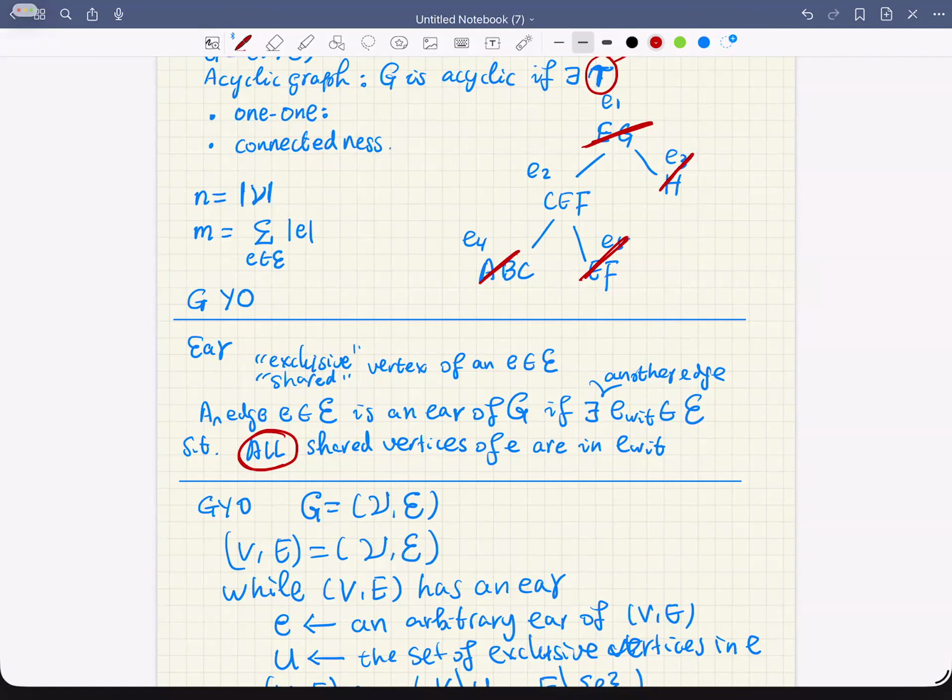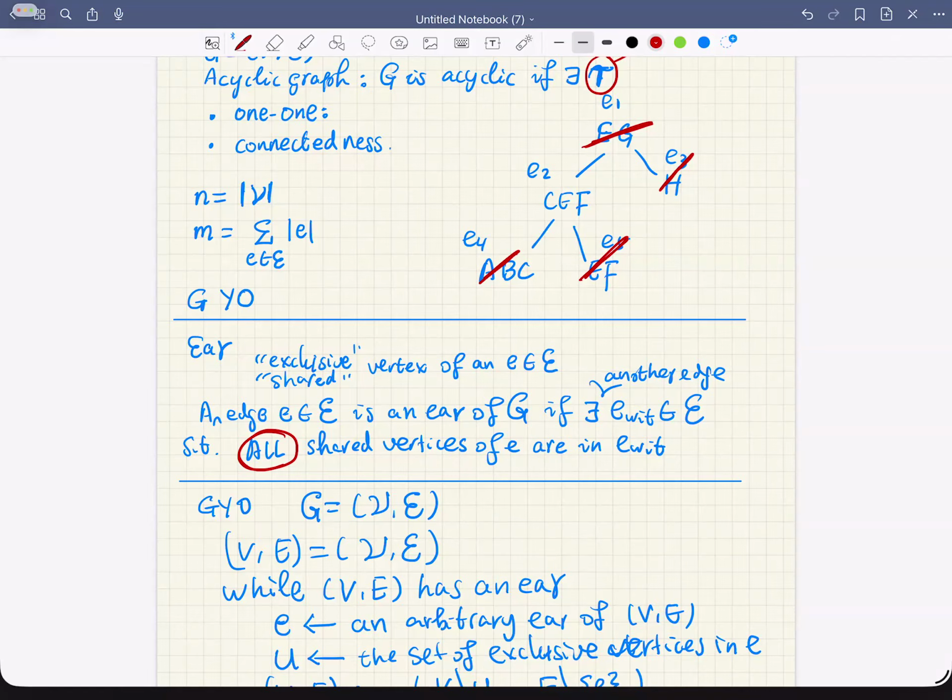This reminds me, I forgot the patch that I promised you. So let's go back to the definition of ear. Here I assume that you have at least two edges, so that you can find a witness. But that's too demanding. If you have only one edge, how can I give you another edge? You see what I mean? So if the whole graph has only one edge, then this edge itself is an ear, period.